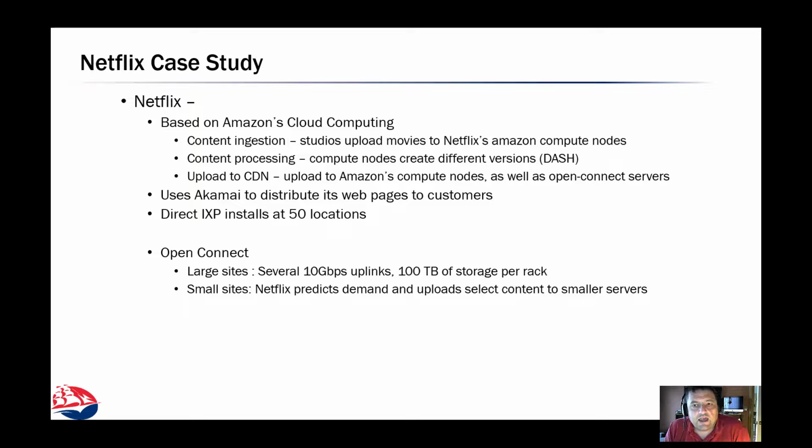If we look back at Netflix, for example, Netflix is kind of similar. Netflix is based on Amazon's cloud computing for the daily operations. For instance, when a studio wants to upload a new movie to Netflix, they do what's called an ingestion.